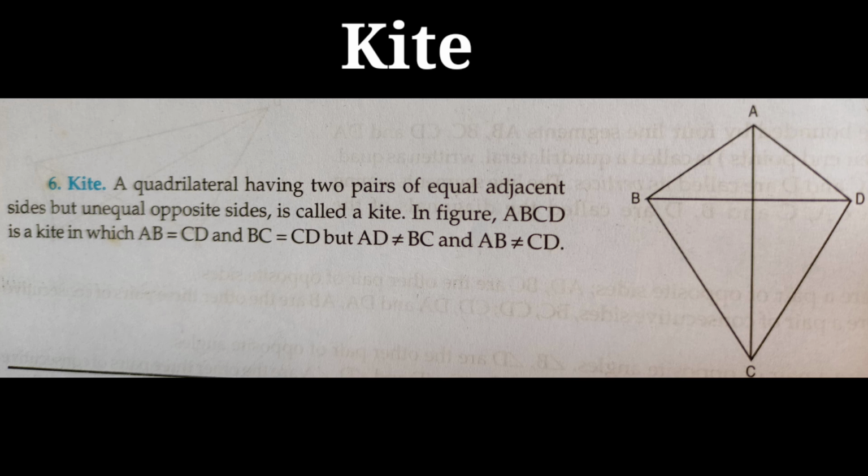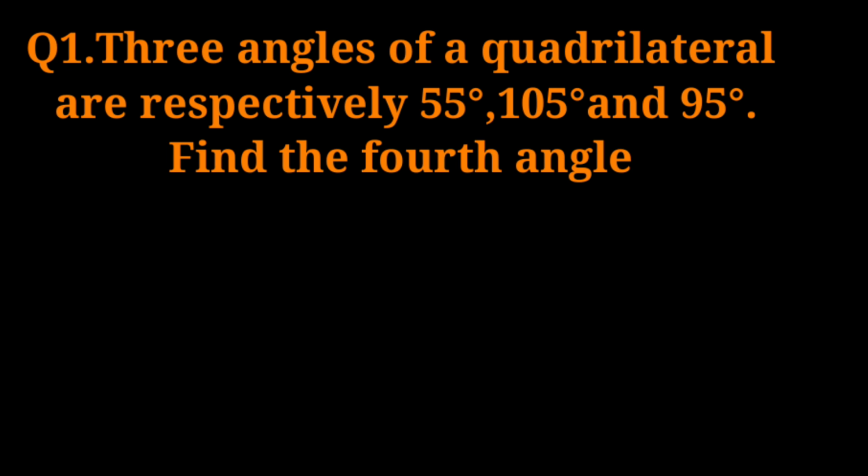A quadrilateral having two pairs of equal adjacent sides but unequal opposite sides is called a kite. In the figure ABCD is a kite in which AB equals AD and BC equals CD, but AD is not equal to BC and AB is not equal to CD.